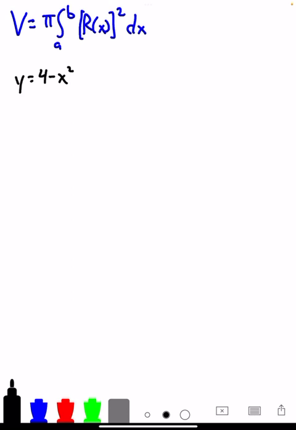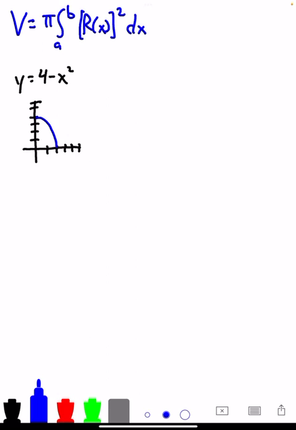Okay, now the first thing we want to do is try to draw a picture of this so we can get a visual representation of it. So this will look like this. Now, one thing we know is that it's x squared, so that's a parabola. This is negative, so it's opening downward.